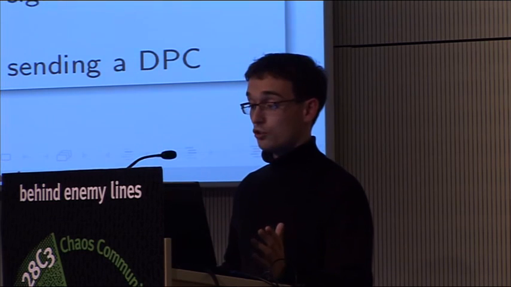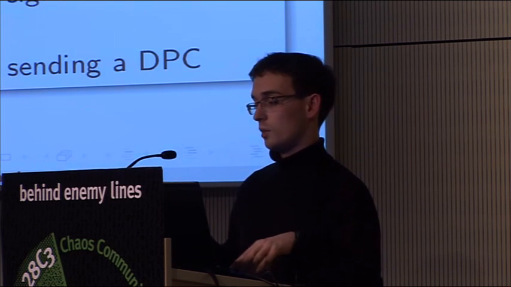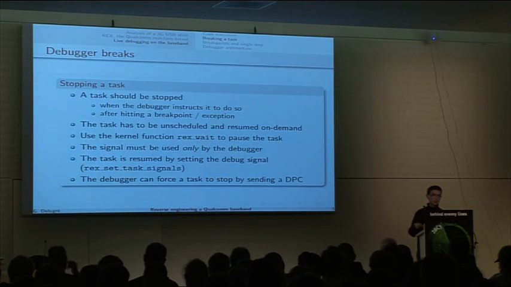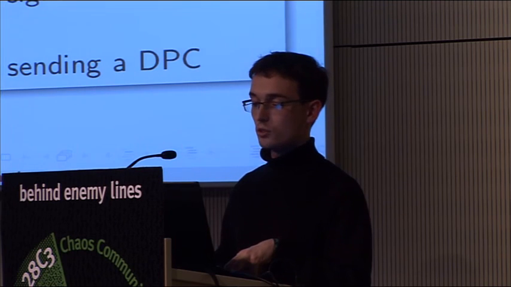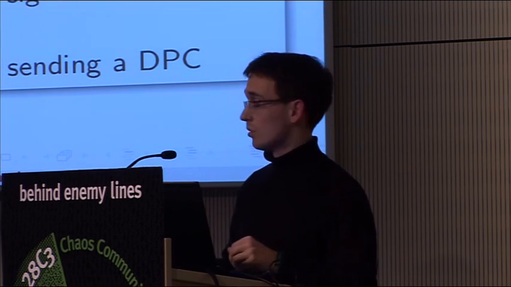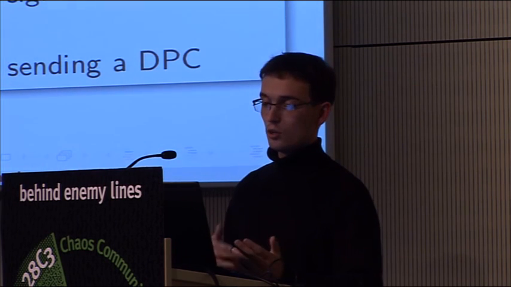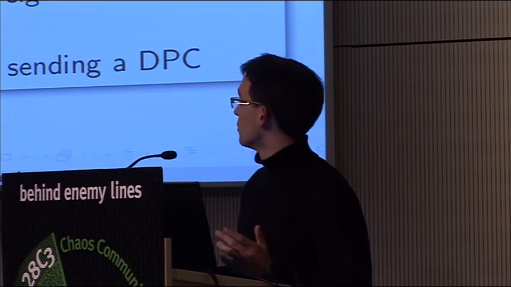For this, I just reuse the kernel API I've reversed before. There is a specific function for waiting for a signal for a task. So I'm just telling a task, wait for this signal, and the debugger can resume the task by sending the signal to the task.